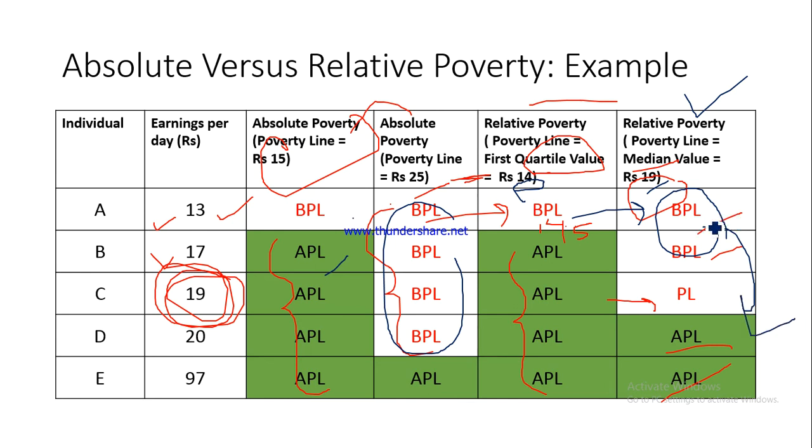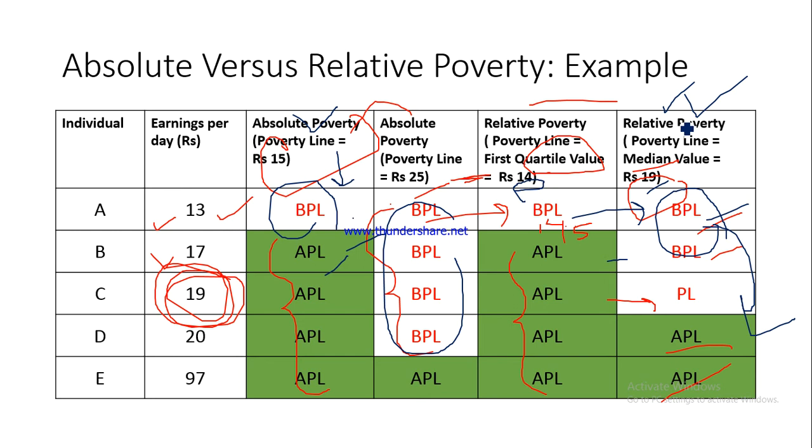For example, take this example of A. If in the same country the absolute poverty level is rupees 15, yes, he would be BPL, be it absolute poverty or relative poverty. But if somebody is earning 17 rupees, according to the definition of absolute poverty he is above poverty level, but he still will be below poverty line as far as relative poverty is concerned.